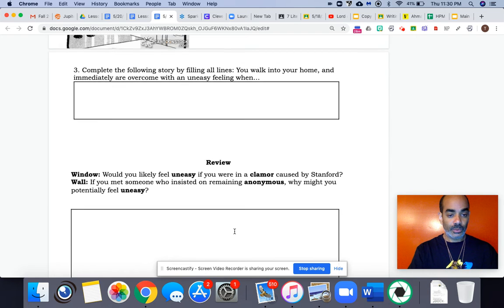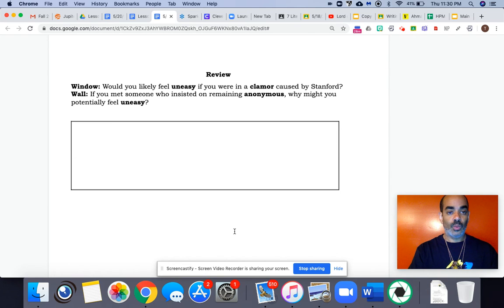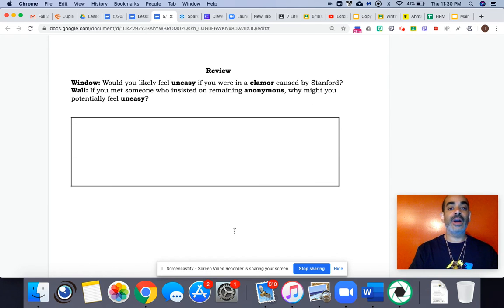Review. Would you likely feel uneasy if you were in a clamor caused by a stampede? If you meet someone who insisted on remaining anonymous, why might you potentially feel uneasy? From the window to the wall.